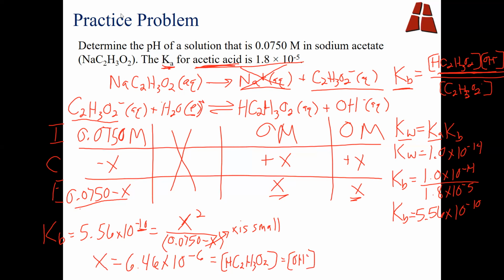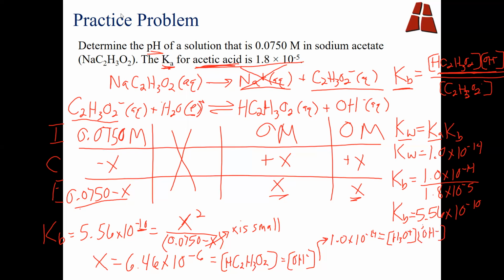Our final step here is, again, we're asked to determine the pH. There are a couple of ways we can get there from our x value. The way I'm going to do it is to say, again, 1.0 times 10 to the negative 14th is equal to our concentration of H3O plus times our concentration of hydroxide.